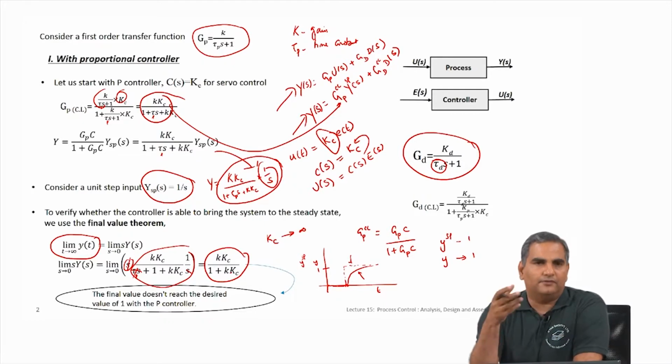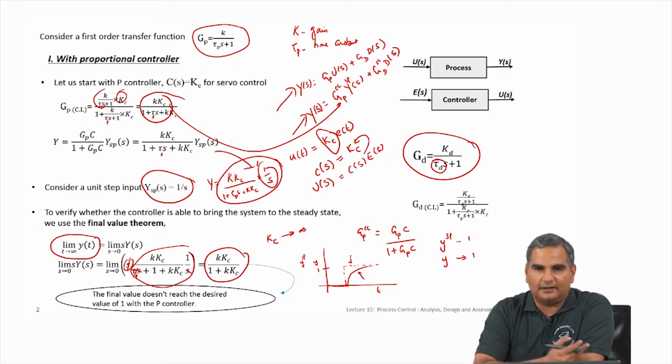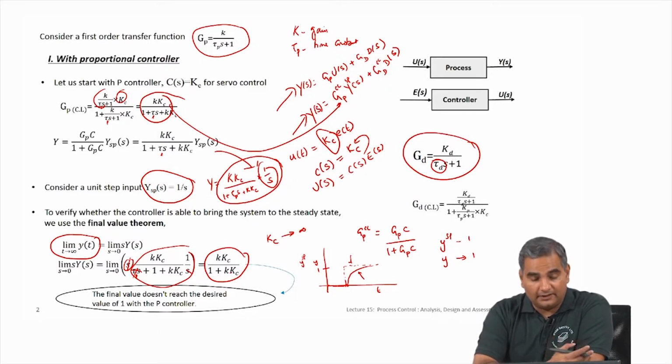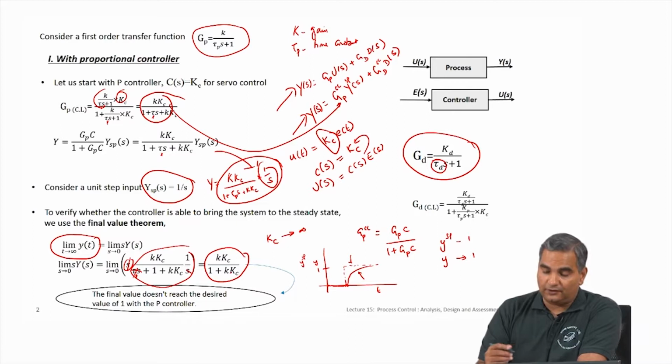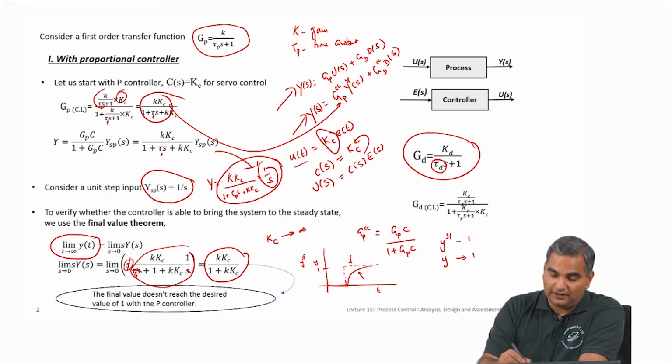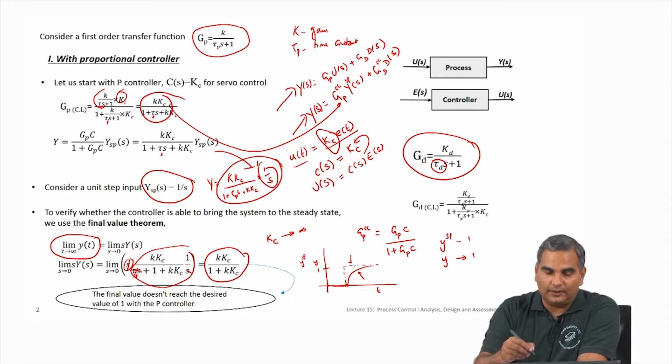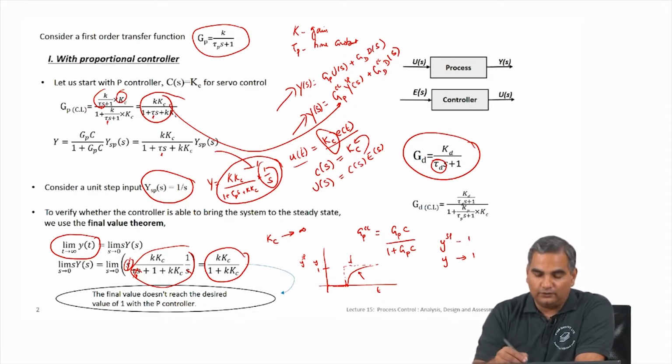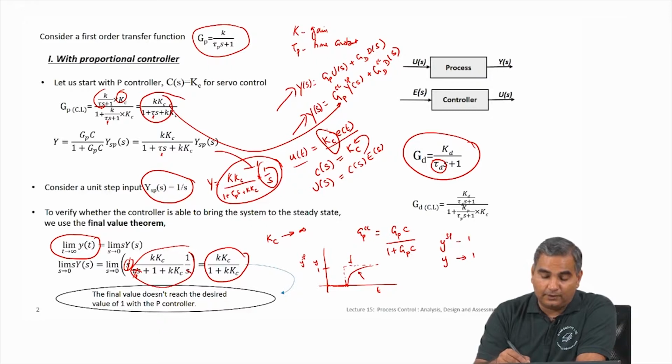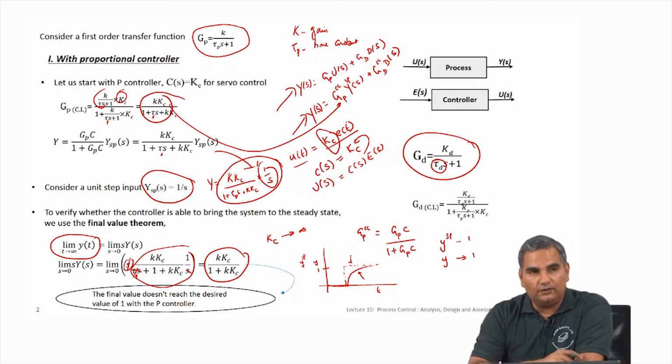But the problem with making kc larger and larger, as I mentioned in the last class, is that you will take unnecessarily large control moves, because for a small error, remember this, u(t) is kc times e(t). For a small error, if kc is very large, your u(t) is very large. So you do not want to do it. So it basically says if kc becomes very large, even if you have a minute error, your u(t) will simply shoot up, which first is not a good idea for control, and number 2, it might not be physically possible.